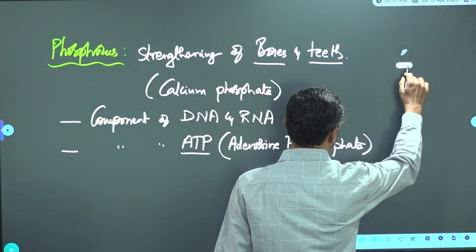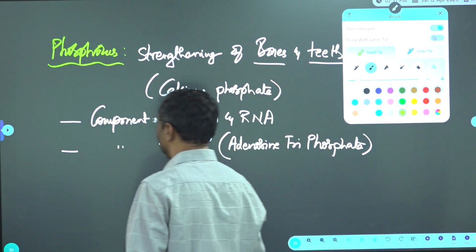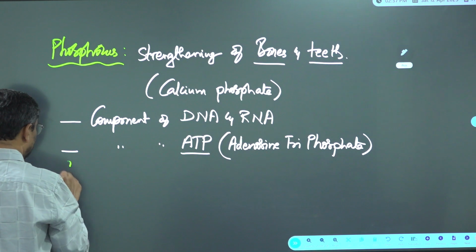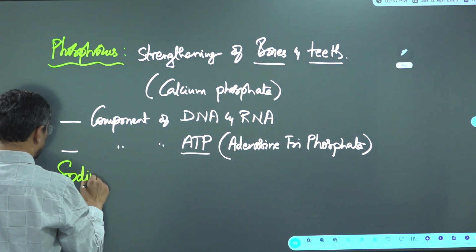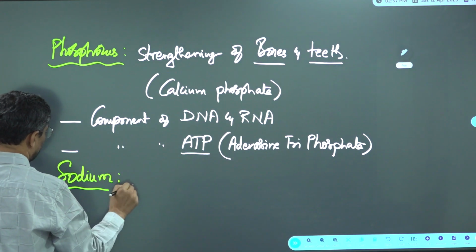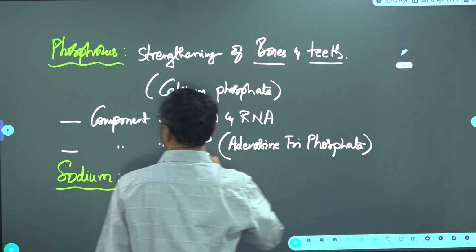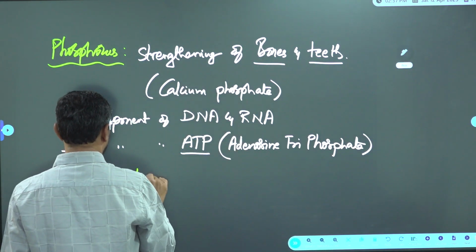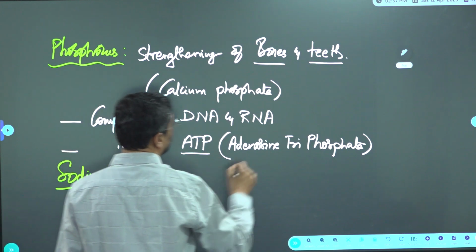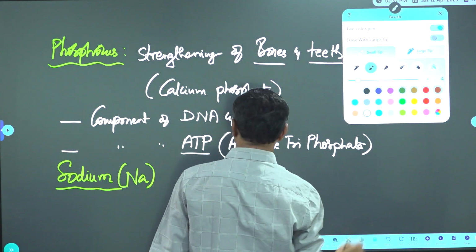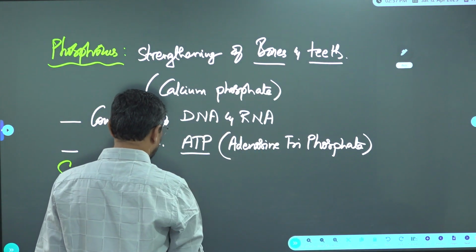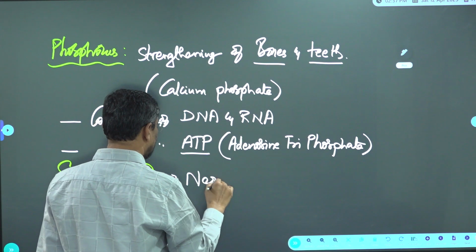Next, another example, sodium, Na. It is required for nerve impulse transmission.